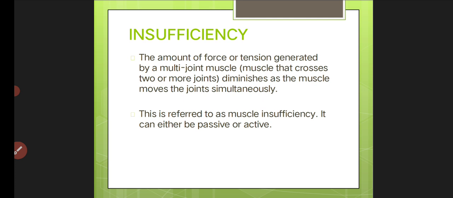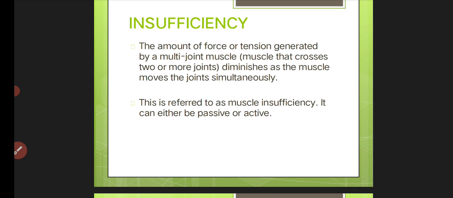But the amount of force or tension generated by a multi-joint muscle diminishes as the muscle moves the joints simultaneously. In the case of biceps brachii, the proximal joint will be the shoulder joint, and the distal joint will be the elbow joint.